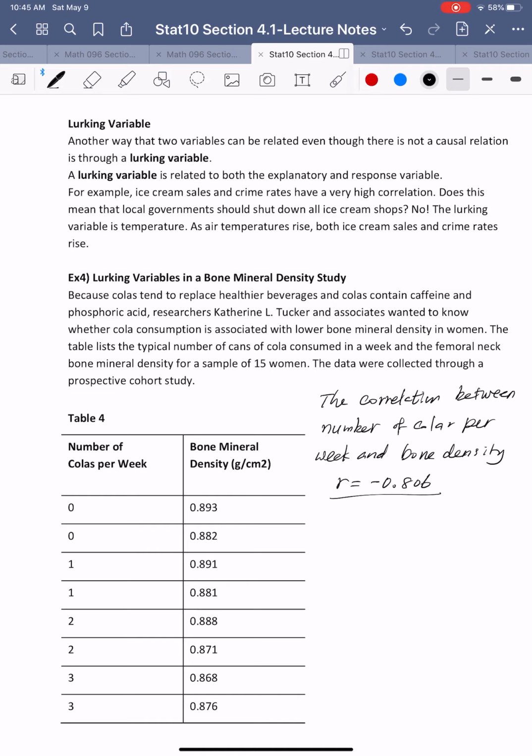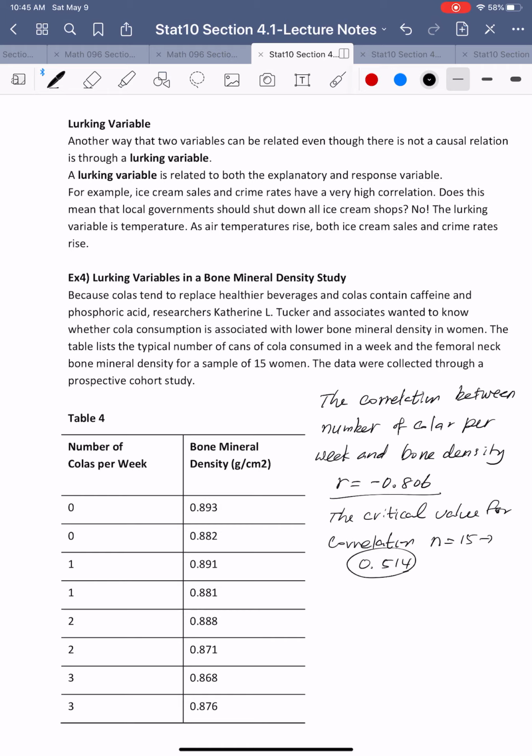And then the critical value from Table 2 is 0.514.